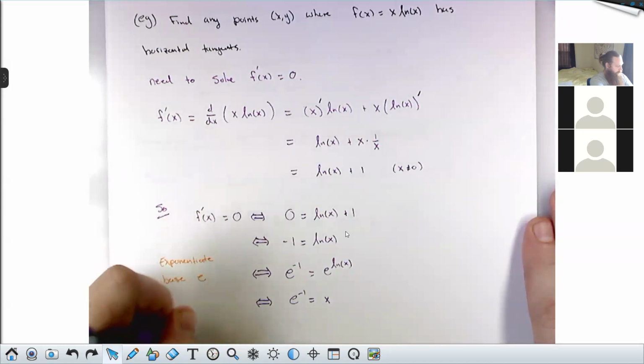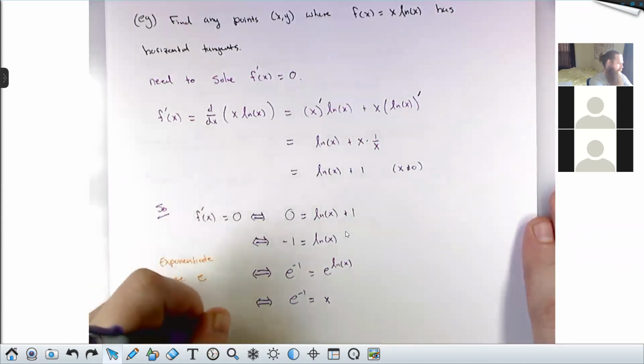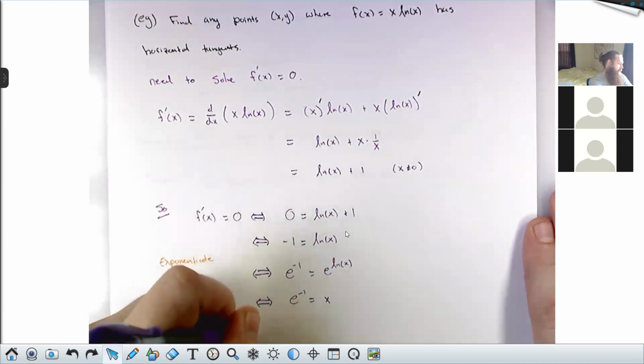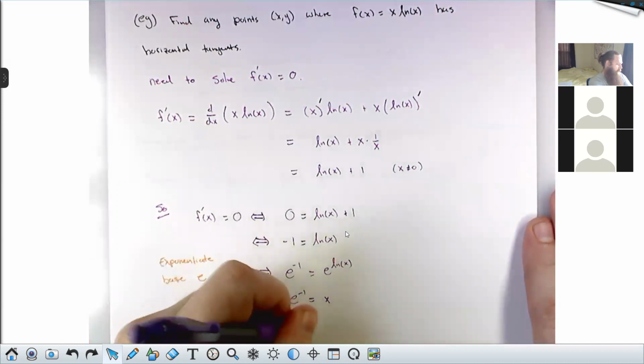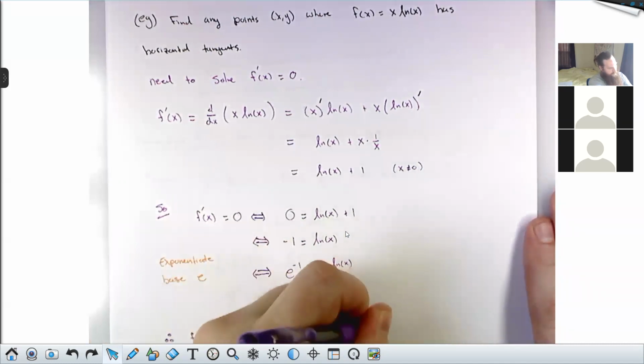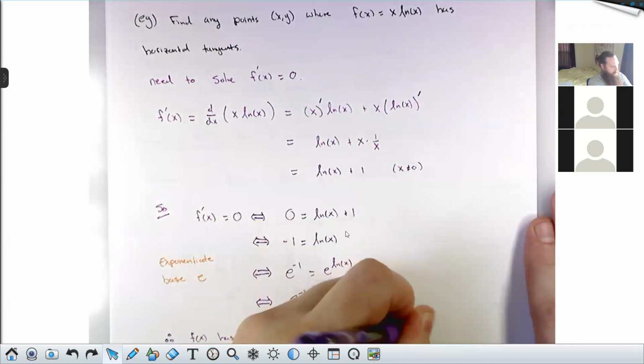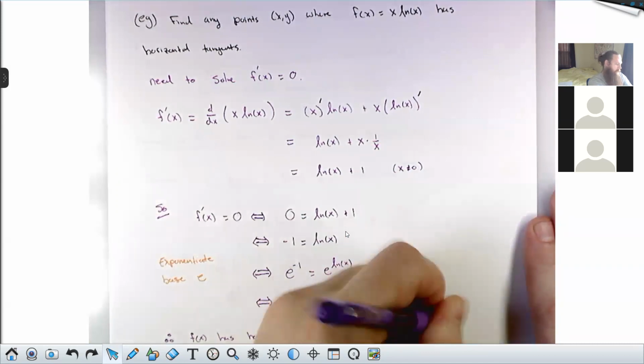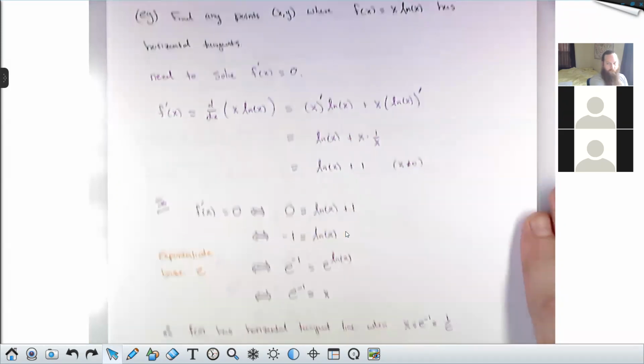Therefore, f of x has horizontal tangents when x is equal to e to the negative first, which most people would write as 1 over e.